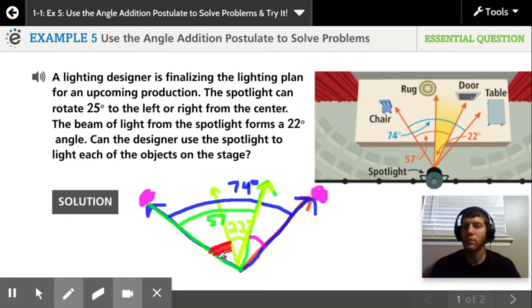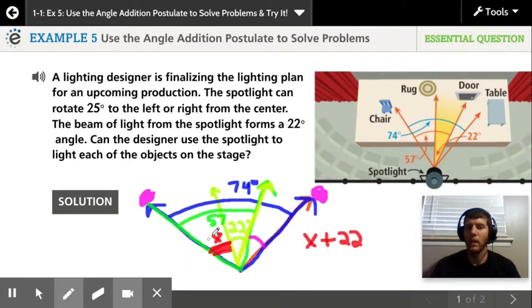Okay, so we have to use our angle addition postulate. Let's call this x. We know this angle x plus the 22 degrees, this small angle and this small angle, if we add them up, we should get 57, because we know this angle here is 57.